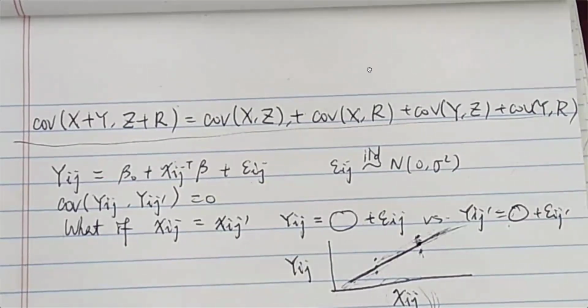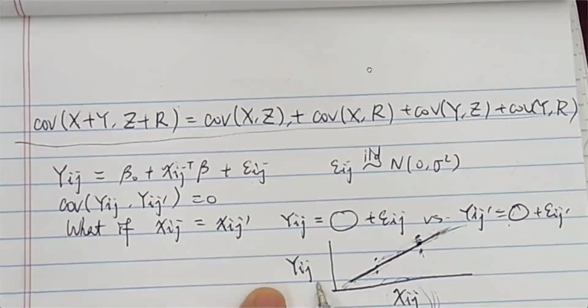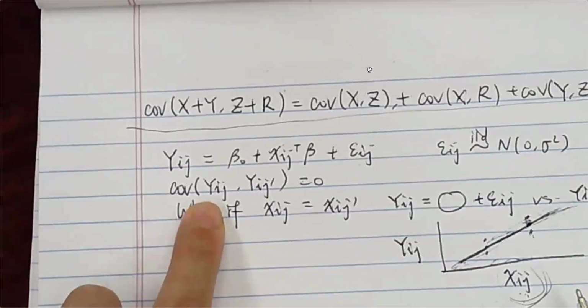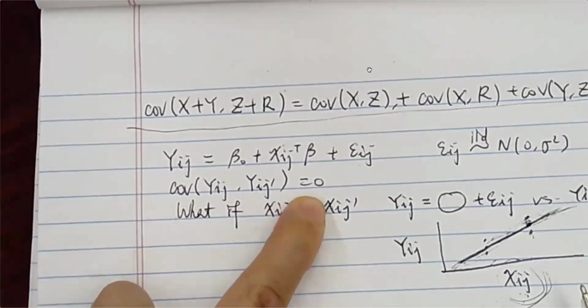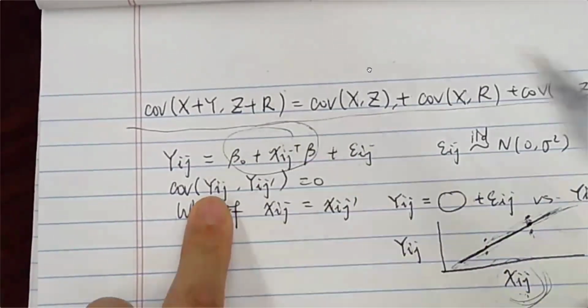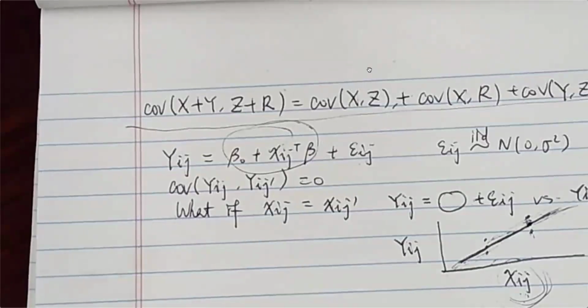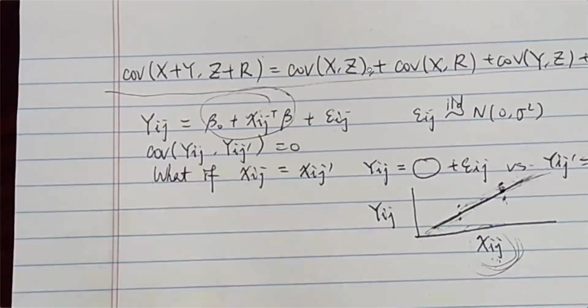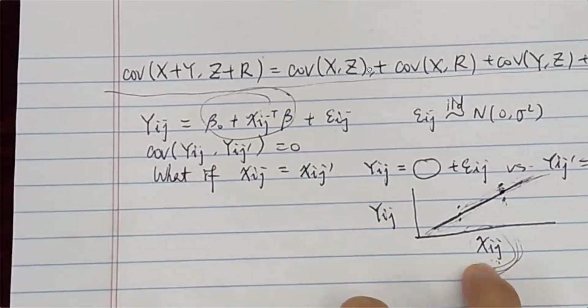So therefore, in the fixed design, it's easier to say that the covariance of Yij and Yij prime is 0, because we consider this part to be fixed. But if we are talking about a joint model, where the Xij can also change their value, it's no longer the case. In the joint model, Yij and Yij prime are not conditional on fixed Xij, but we let Xij vary as well.